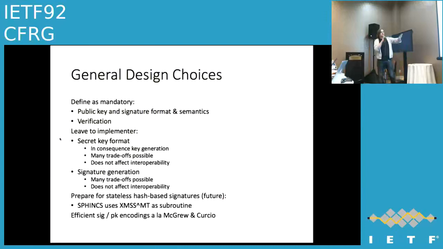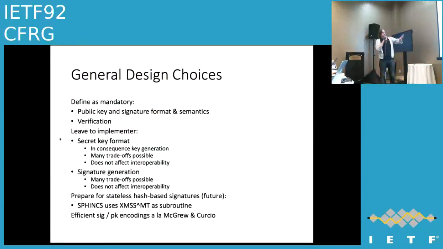There are many trade-offs possible. We give examples of how it can be done, but we do not give a mandatory way, simply because it doesn't affect interoperability. The same applies for signature generation: we exactly specify what has to go into the signature, but not how it must be computed.